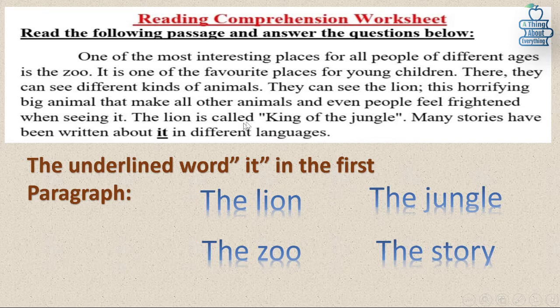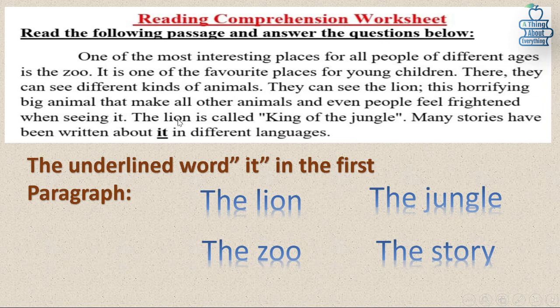The lion is called king of the jungle. Many stories have been written about it. So it's clear now that the pronoun it refers to a singular noun. Which one is the right answer, the lion or the story? Of course, it refers to a singular, and the story is a plural noun.